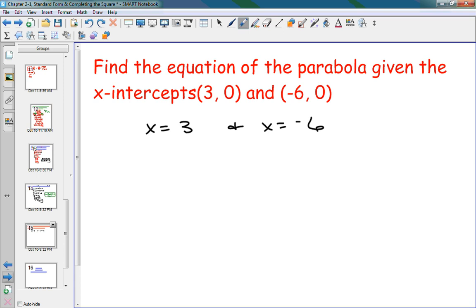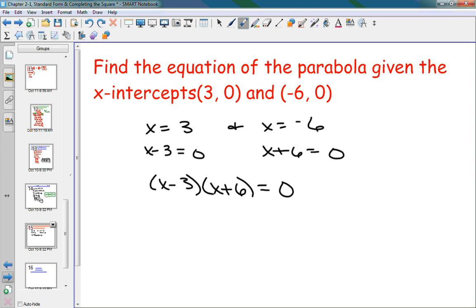So what if I were to bring those on the same side as the x's? I would have x minus 3 equals 0 and x plus 6 equals 0. Right? Well, to be a binomial, what would you have to do? So I have x minus 3 times x plus 6 is equal to 0.